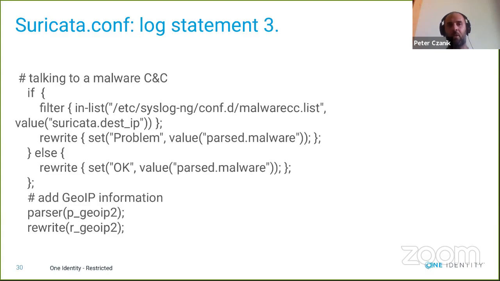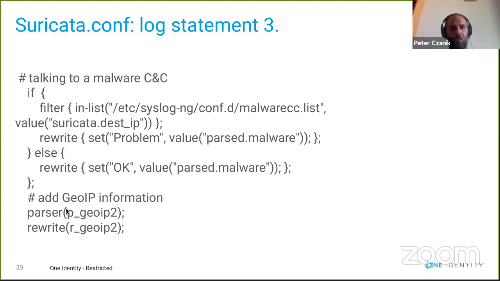If the IP address is matching, then it creates a name-value pair with the content saying problem, else it writes OK as the value. You can use it for alerting or create a table in Kibana or whatever you want.